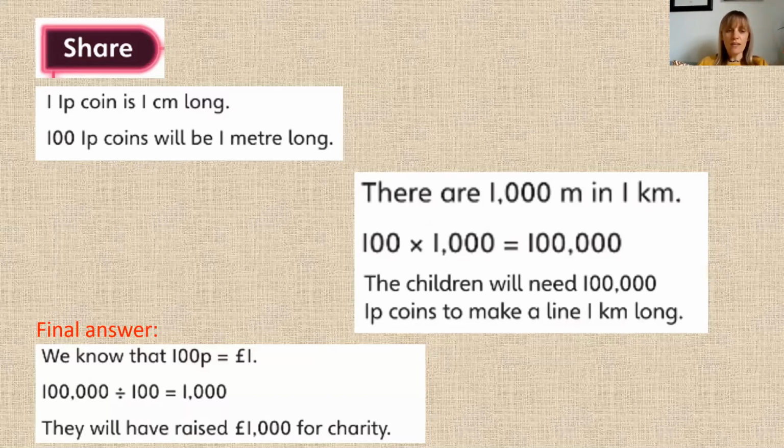We're going from centimetres into metres and then into kilometres, and then we've got to divide it back again into our money. So we're dividing then again by 100. So with these sorts of questions, this is where it's a bit difficult when I haven't got my board, is to really set them out carefully with each part, what you're converting, what you're dividing or multiplying by, in order to make them a bit easier.